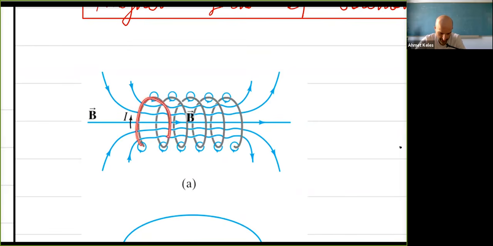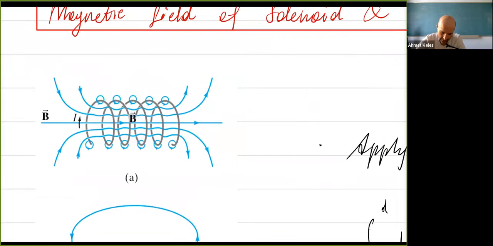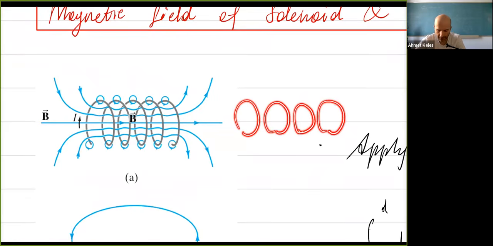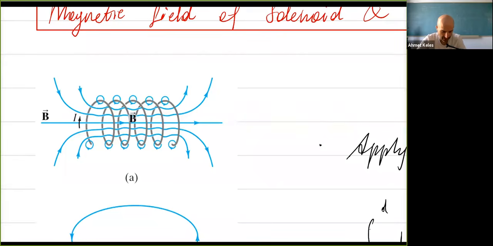So there's a current here. You can think of these, if you want to simplify, like loops, right? And we know each loop is going to give some magnetic field. You can use your right hand to find that it's going to be in this direction. So the circulating current is going to give rise to a magnetic field. That's the solenoid.